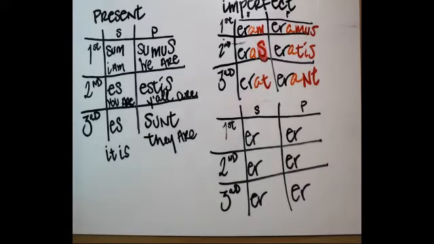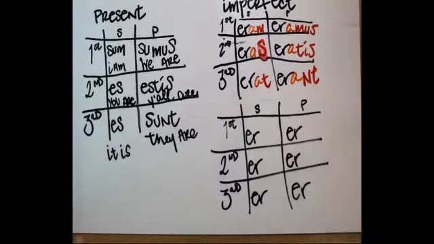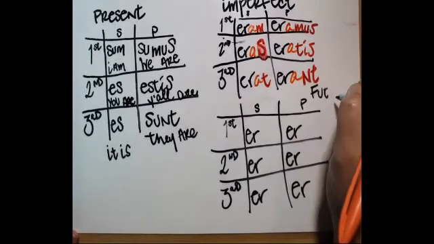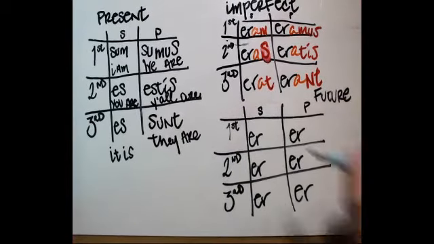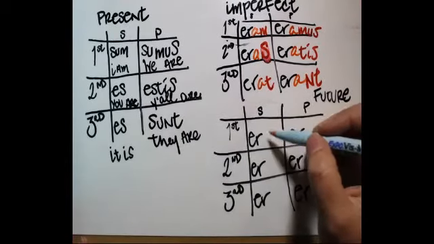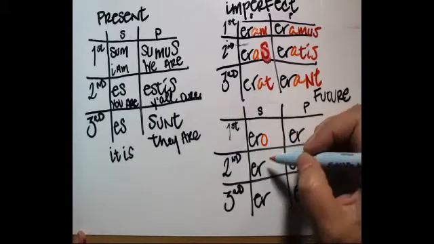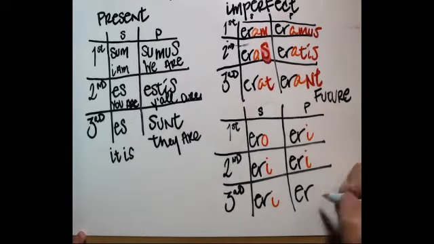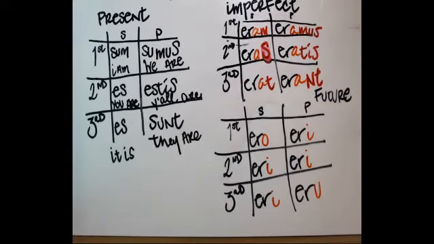And future is going to do that thing that it does with first and second, where you have an O, and then an I, and then an I, and then an I, and then a U. All right. So it's a little bit consistent.